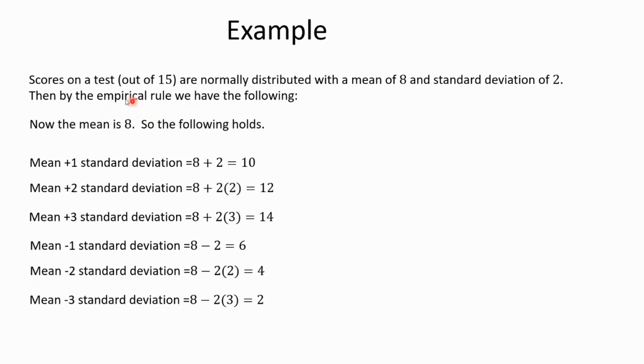All right. So let's suppose we have a test, and the test is out of 15. And let's say the scores are normally distributed in such a way that the mean is 8 and the standard deviation is 2.